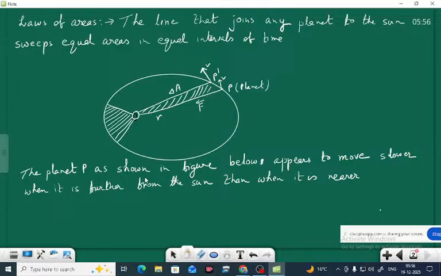So the planet P, as shown in the figure below, appears to move slower when it is farther from the Sun than when it is nearer.